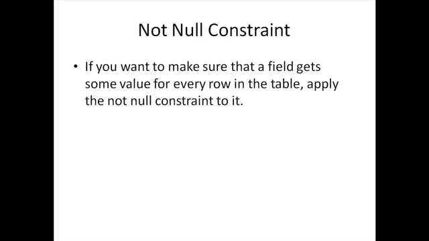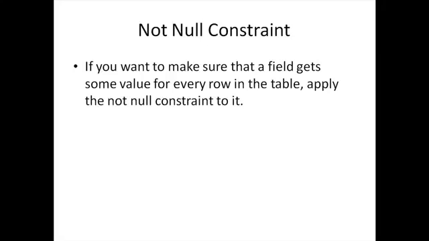So let's start with the not null constraint. If you're creating a table in which there's going to be a field that you want to have a value for each and every row in the table, then you would want to use a not null constraint with that particular field while creating the table. What I mean is, if you've got a table that's going to have three fields, let's say name, ID and email address, and you would want the ID field to have a value for each and every name, or each and every row in the table, then you would want to use a not null constraint for it.